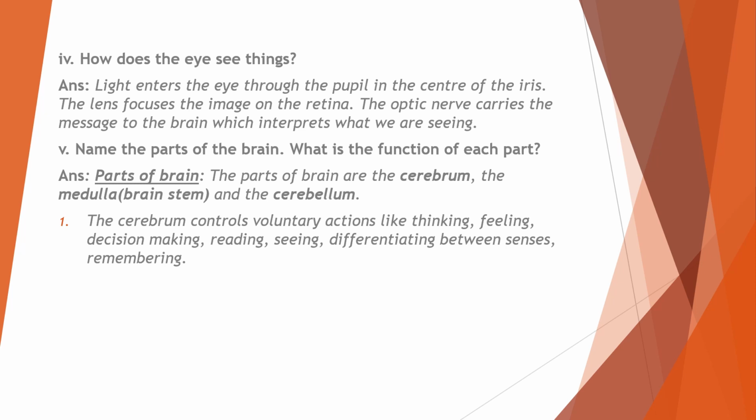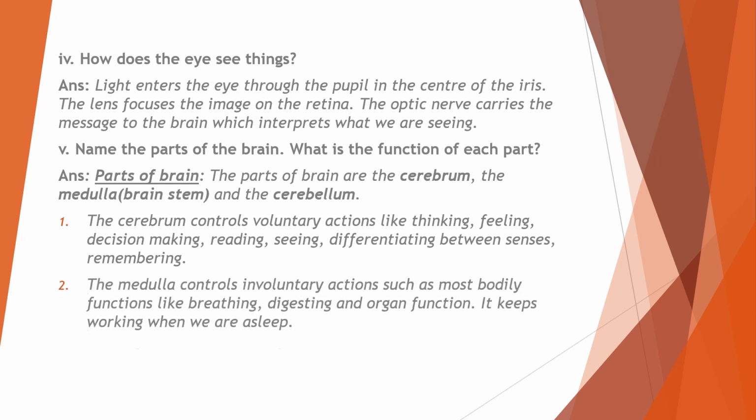Now we will tell about the function of the cerebrum. The cerebrum controls voluntary actions like thinking, feeling, decision making, reading, seeing, differentiating between senses, remembering. The medulla controls involuntary actions such as most bodily functions like breathing, digesting, and organ function.